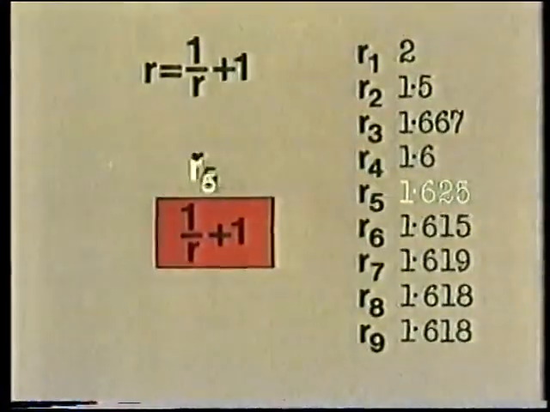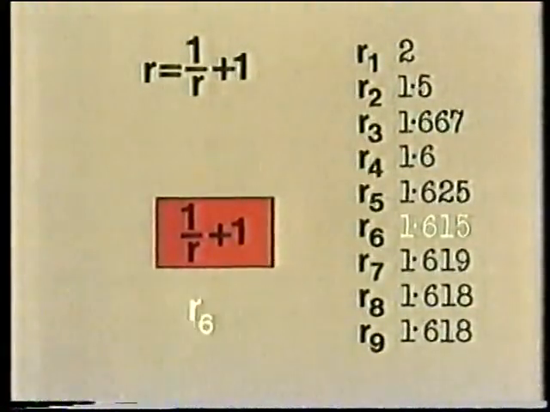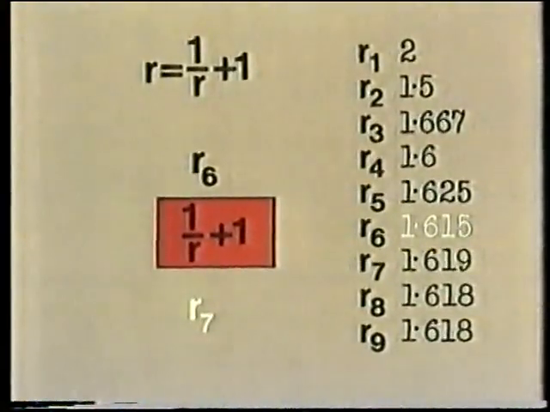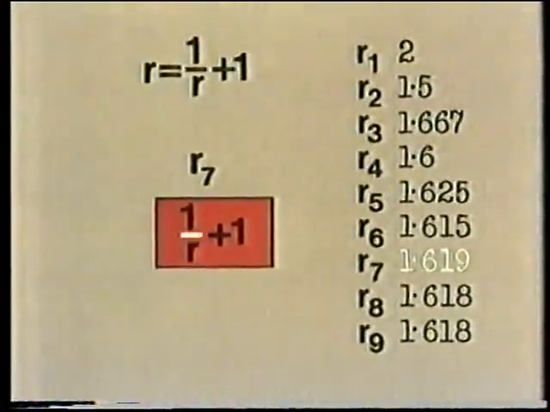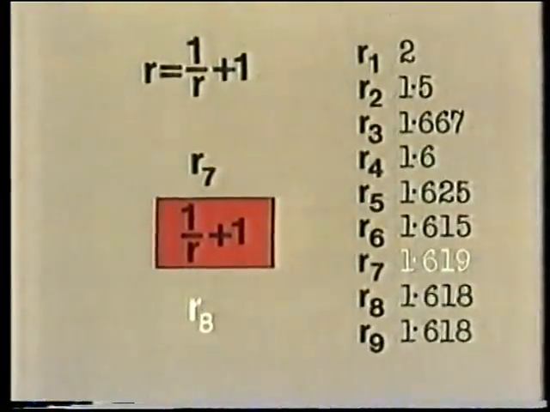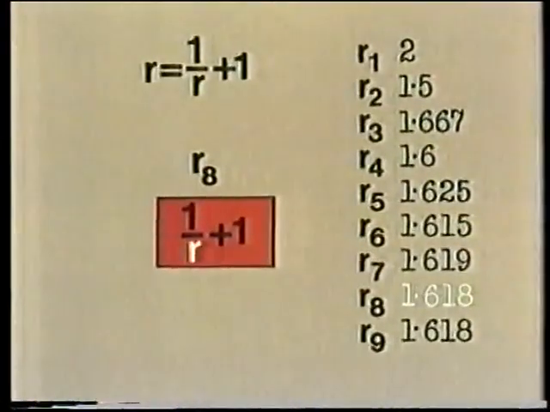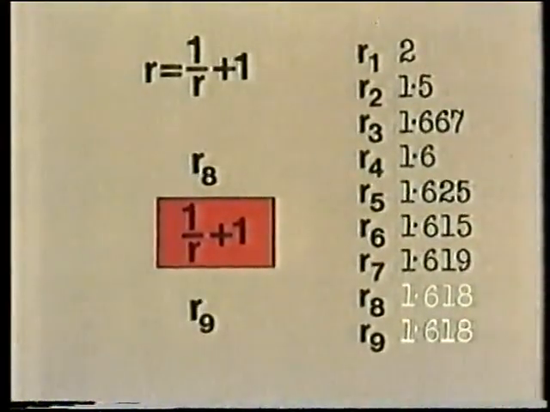Each time we check whether the input and output are the same. And we continue the process until we finally get an output which equals the input.